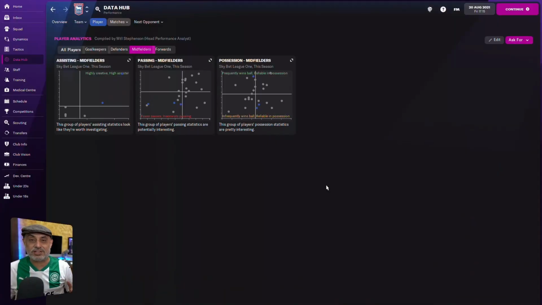What if your tactic is not creating any chances? Now, this is where the data hub may not help you very much. If your tactic is not creating chances, your data hub is just going to say it's not creating any chances. It's not going to tell you how to fix it. So you've got to basically understand your own tactic to know whether it's capable of creating chances.